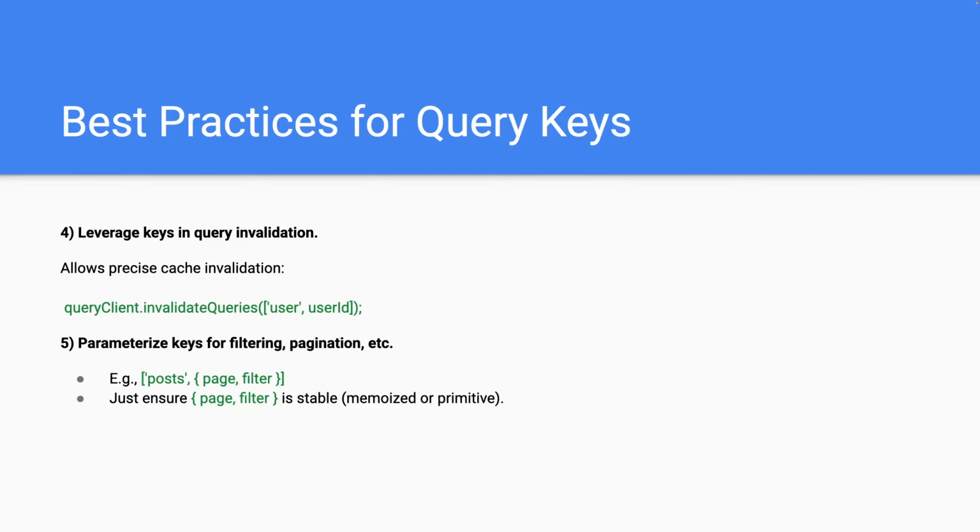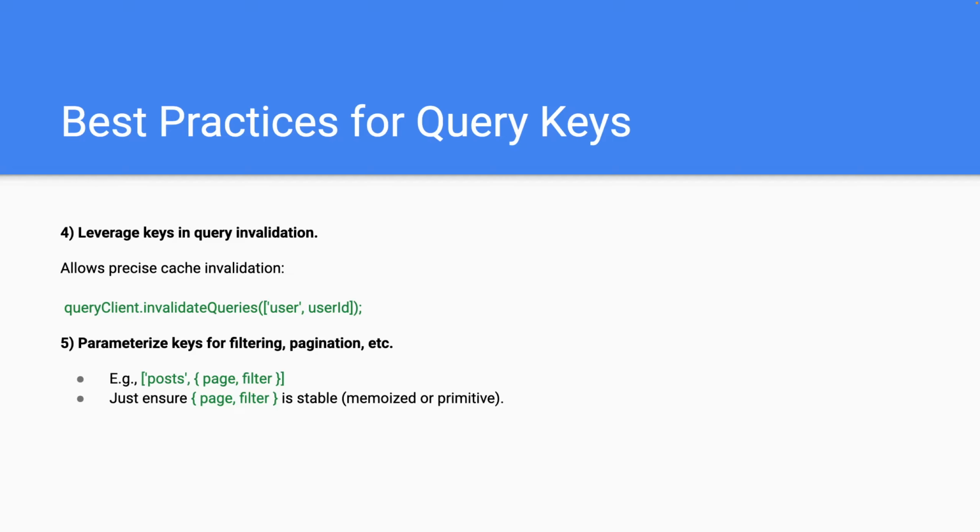So in order to cache this properly, I'm also passing the second part as an object for page and filter. So I'm creating a complex array in which the first element is post and the second element is an object of the page and filter.